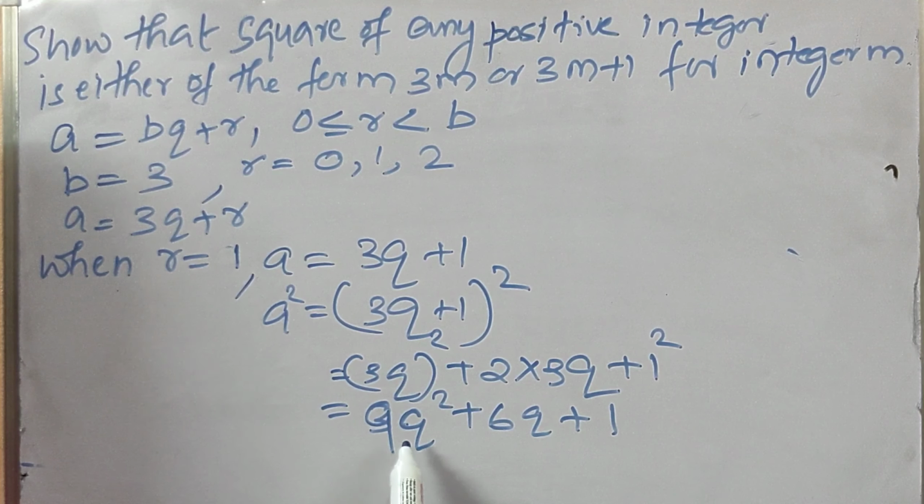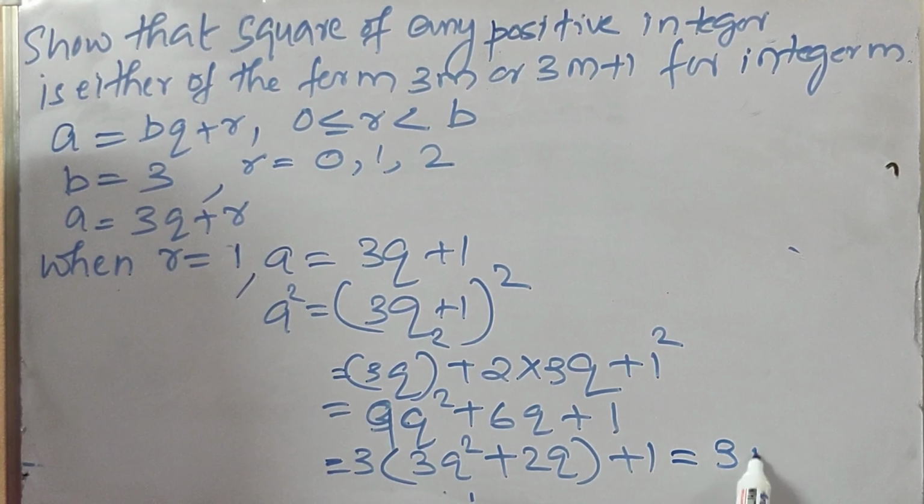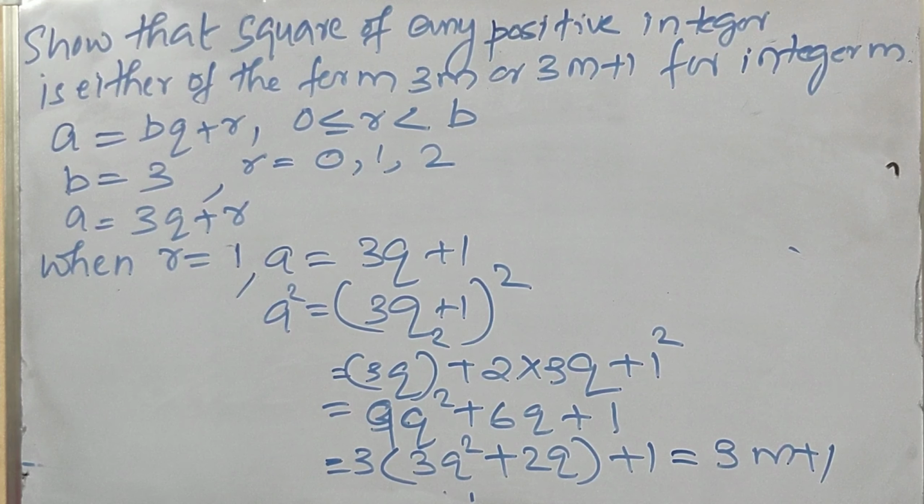Now from this you can see that it is not of the form 3m or 3m + 1. So for making it like that, we can take 3 common from the first two terms. So 3(3q squared + 2q) + 1. This is 3m + 1. So in the first case we got 3m, and in the second case we got 3m + 1.